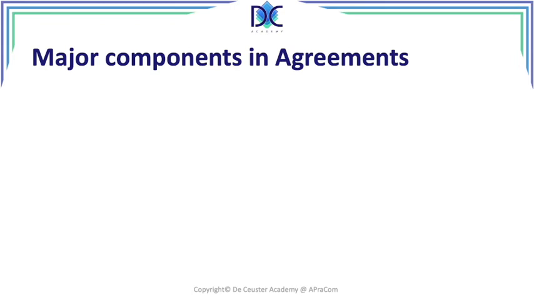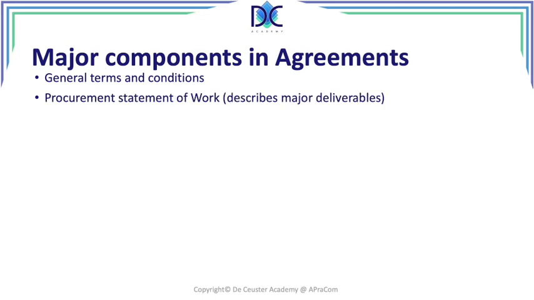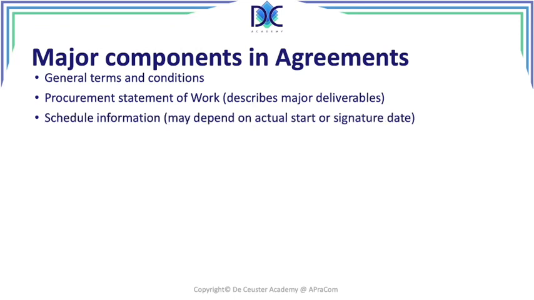What are the major elements that we have to find in the agreement? First of all, there are general terms and conditions. Typically, a company has those general terms and conditions, and they will never be changed. When we have the agreement, we also have to include a procurement statement of work, which describes the major deliverables. Schedule information may depend on the actual start or signature date.